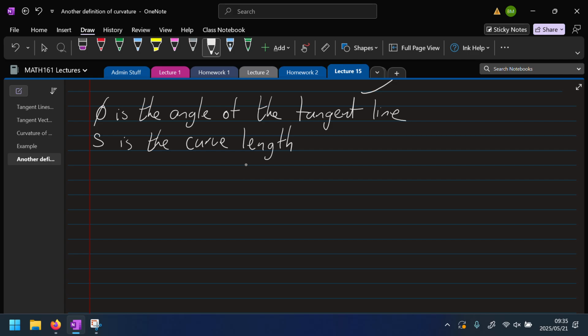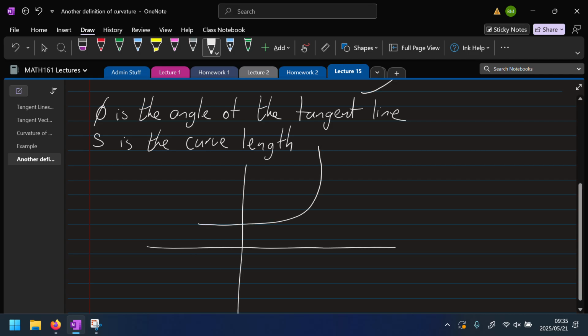Okay, so let's draw a picture of what's going on. We've got some sort of curve, maybe it's doing that, and we want the curvature at this point. Let's call that P. What we do is draw our tangent line, and this angle phi is the angle of the tangent line. You know, tan theta equals m, you did that in high school.